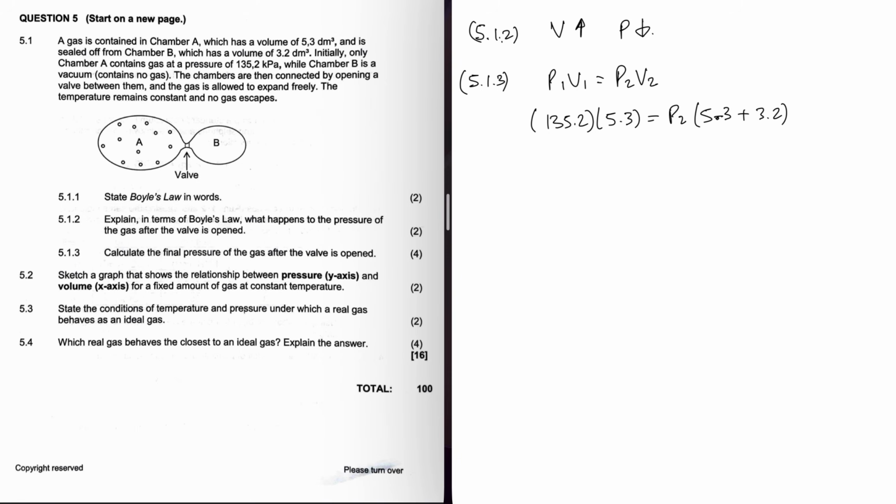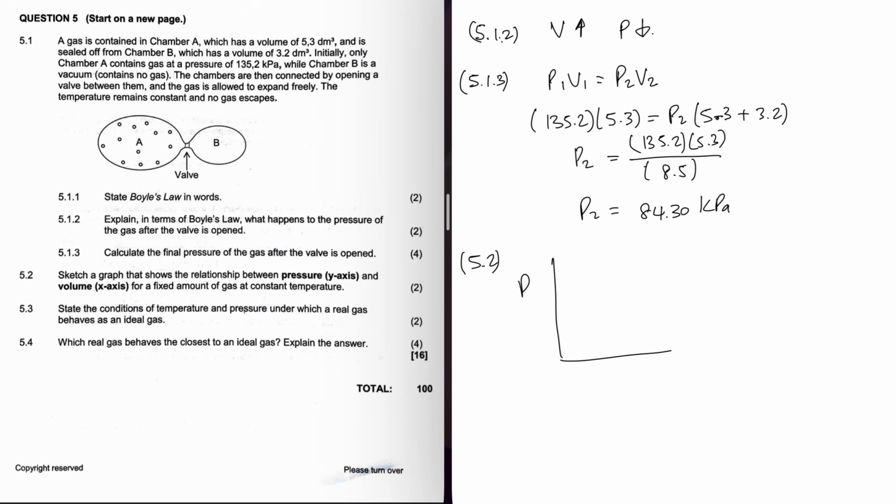So we can then solve. P2 is going to equal 135.2 multiplied by 5.3 divided by 8.5. And then P2 is equal to 84.30 kPa.